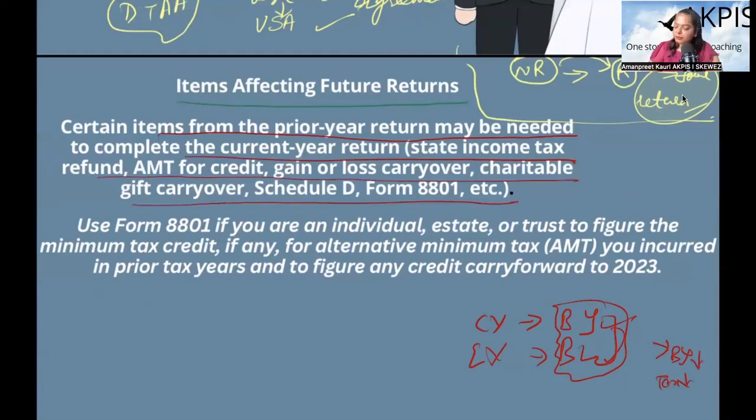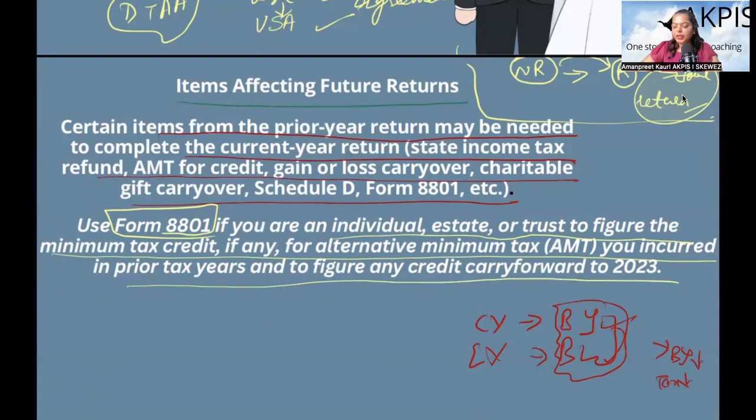There is one more form, that is Form number 8801. Form 8801 is for an individual, estate, or trust to figure the minimum tax credit, if any, for alternate minimum tax incurred in a prior year tax return, to figure any credit carried forward to 2023. So that means if you carry forward any kind of credits from the previous year, you are supposed to file this Form 8801. It doesn't matter whether you are an individual, an estate, or a trust.